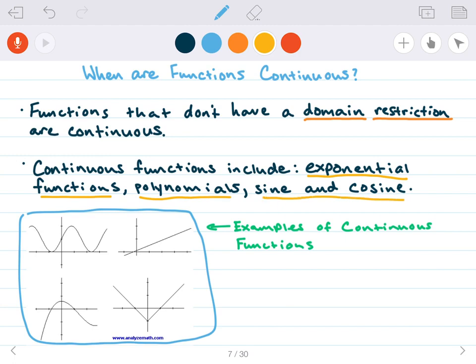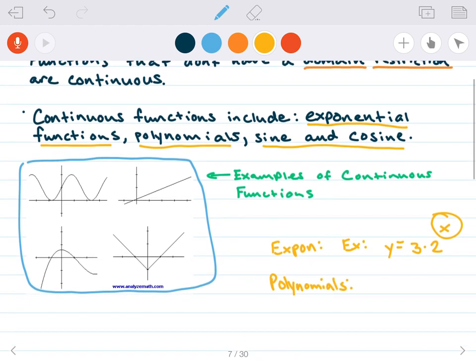So exponential functions, for example, we have y equals 3 times 2 to the x. No domain restriction because x is not in the denominator. We also have polynomials, which is like x squared, x cubed, 2x squared plus x cubed, stuff like that.